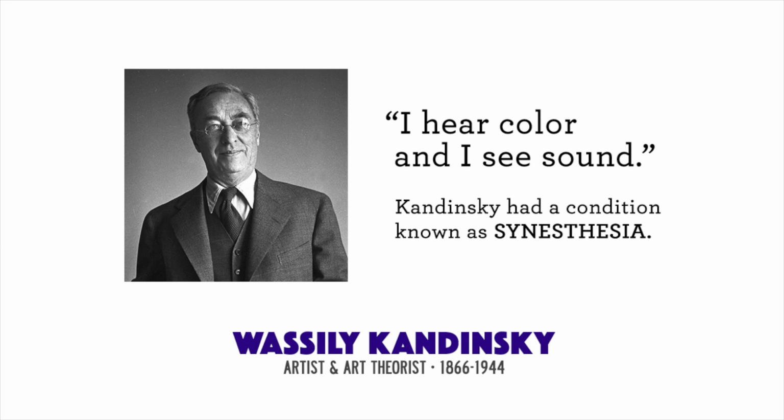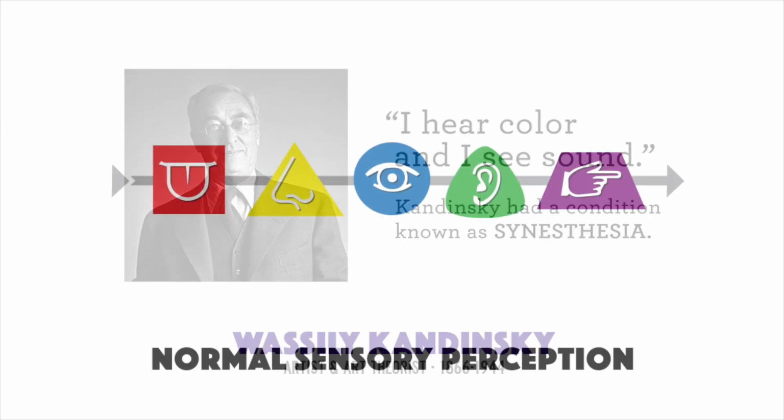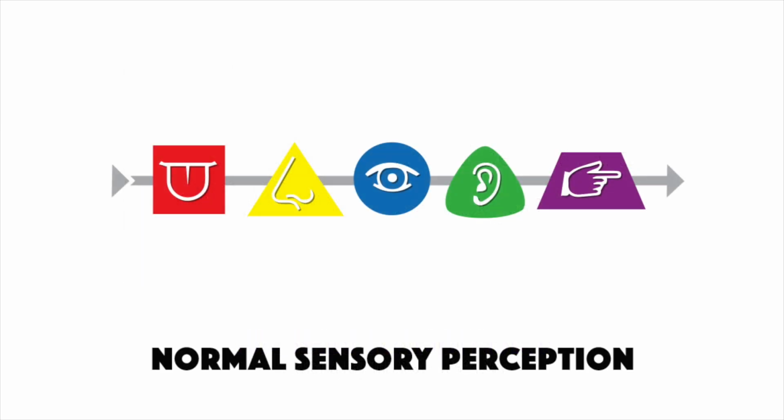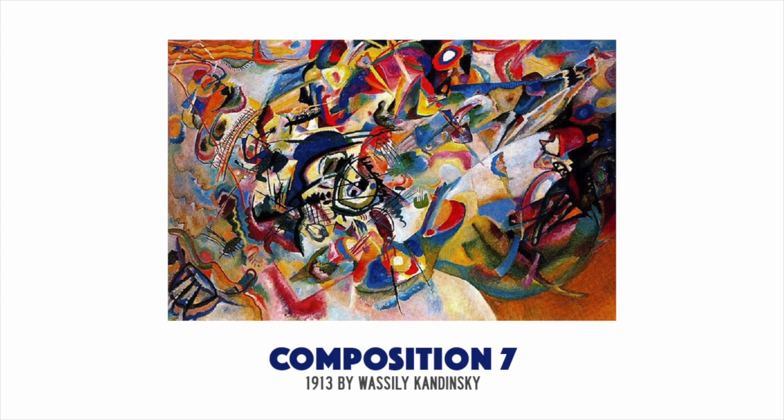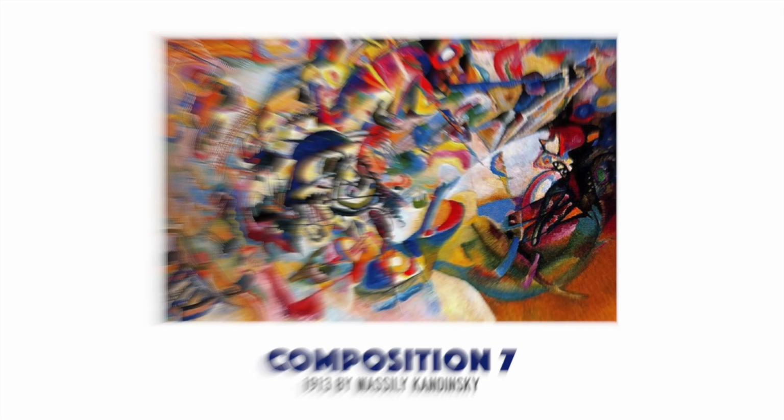He also had a rare condition known as synesthesia, where he claimed that he could hear colors and see sounds. Synesthesia affects people in different ways by crossing over how our senses respond to outside stimulation. And through this condition, Kandinsky created a massive body of work based on his perceptions of color, shape, and sound.